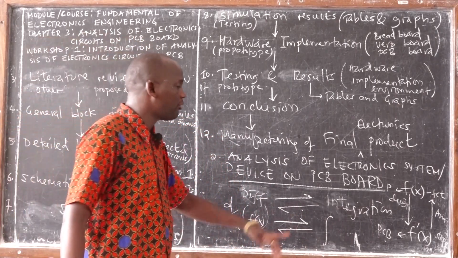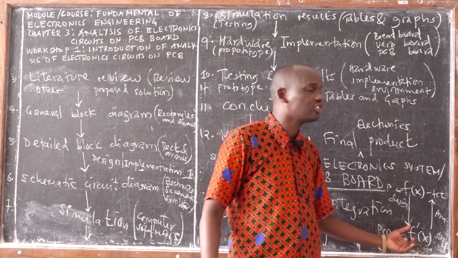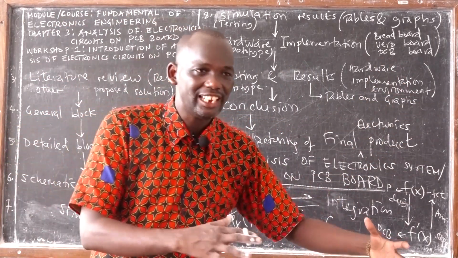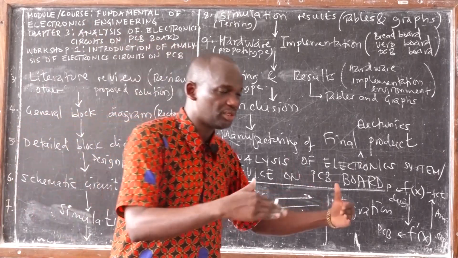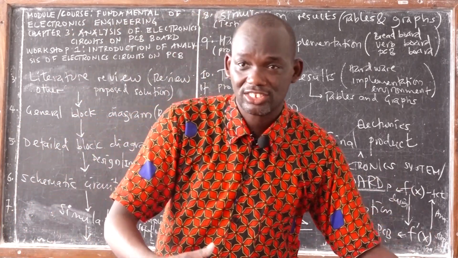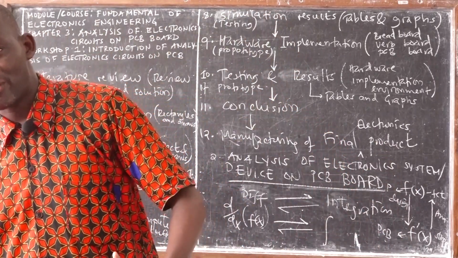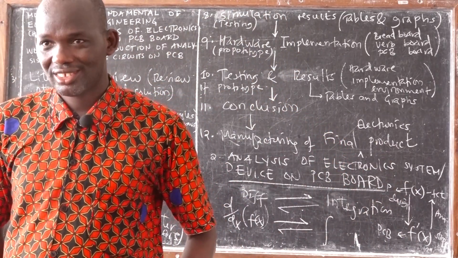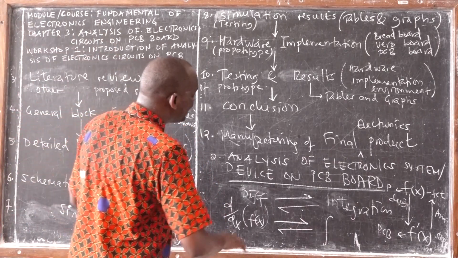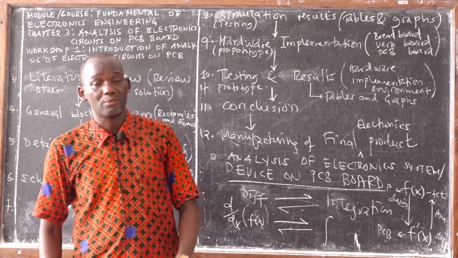If you want to get the previous function given the slope, we use integration. So the actual design of an electronic system or device is the reverse process of analysis of electronic systems or devices on the PCB board. Are we together? That is a simple way I can talk with mathematicians.